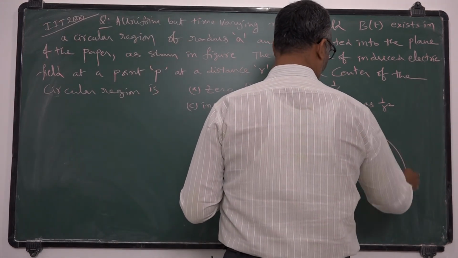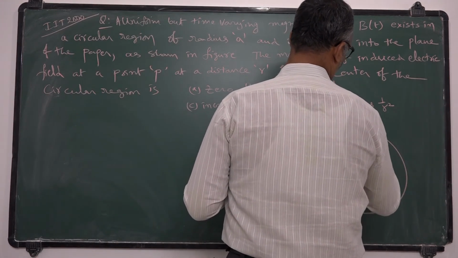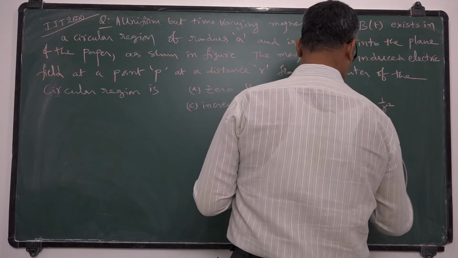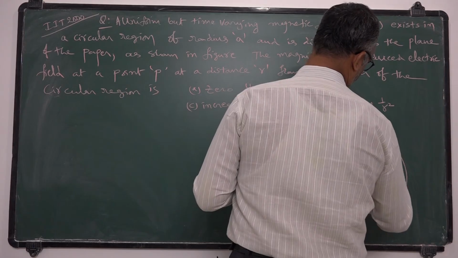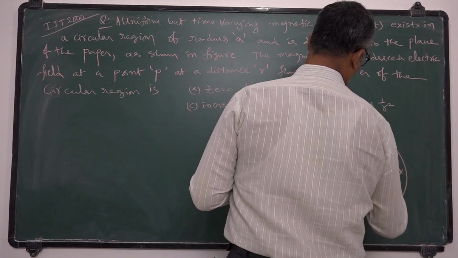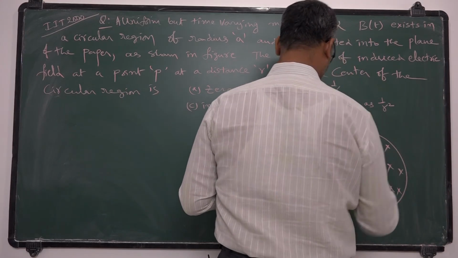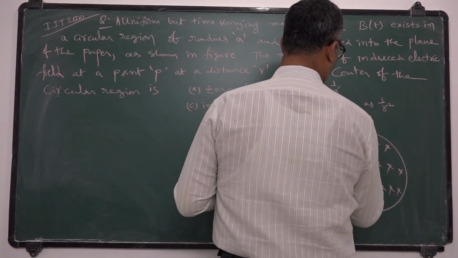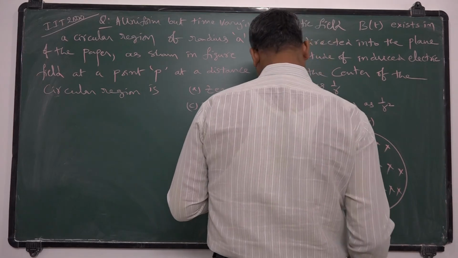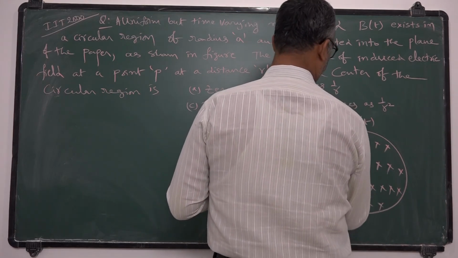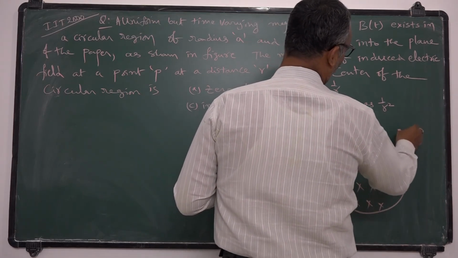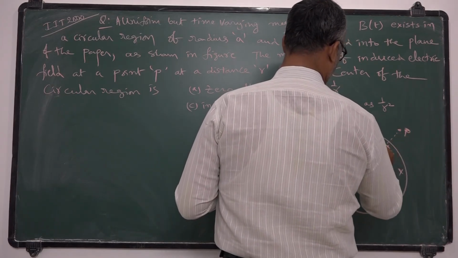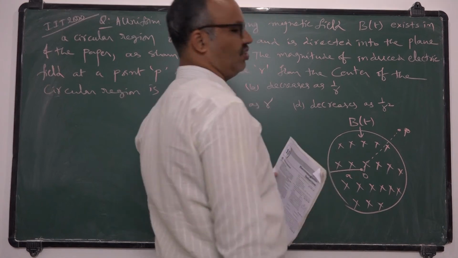This is a circular region of time varying magnetic field. This magnetic field value varies as a function of t, and this is the center of the region. The radius of the region is A. Point P is located outside the region.